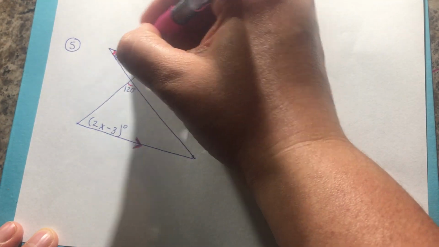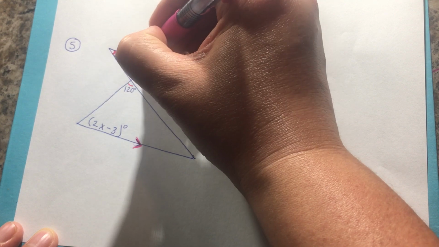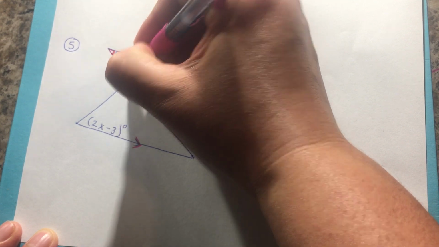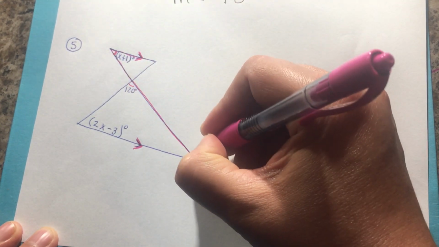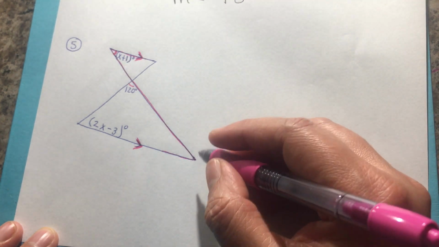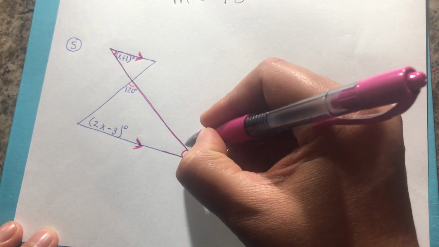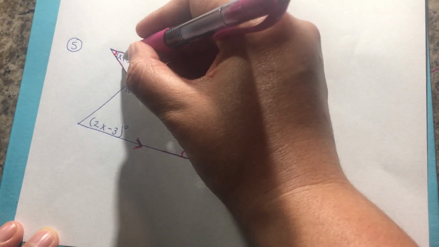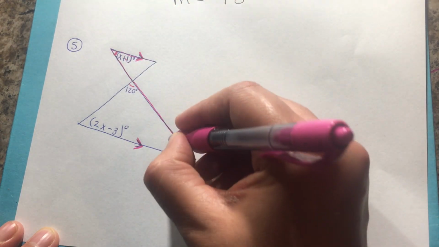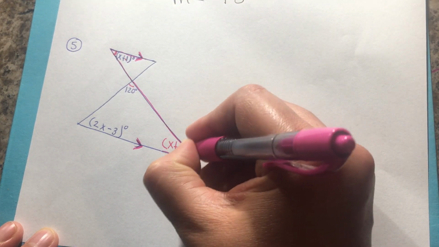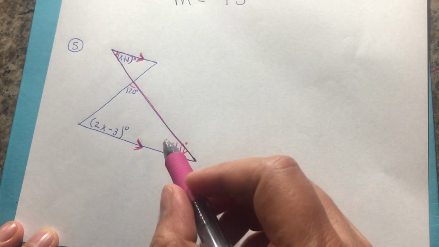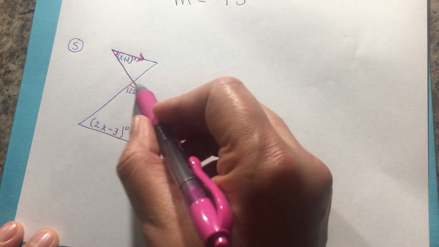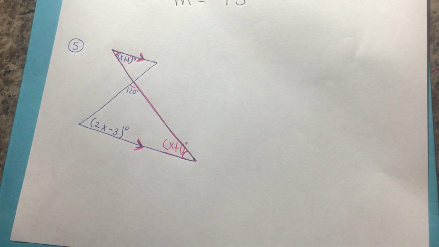Remember that if we have two parallel lines and this forms one angle all the way over here, then they are congruent. So I know that if this is x plus 1, then this is also x plus 1. And I can now use that information to put it together with the other angles.